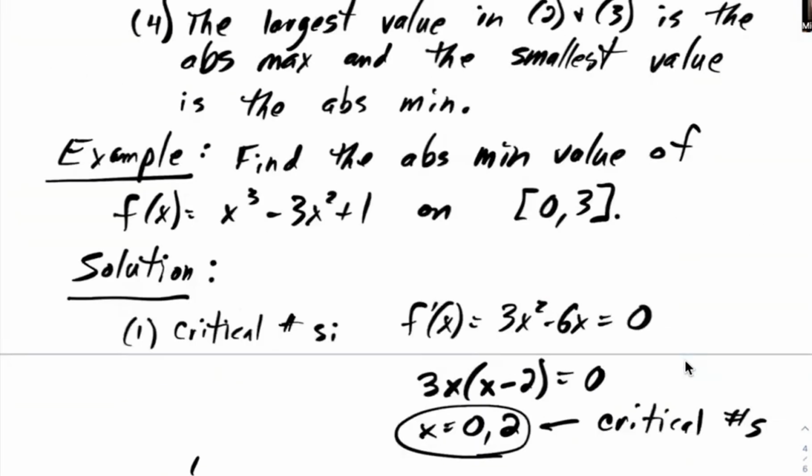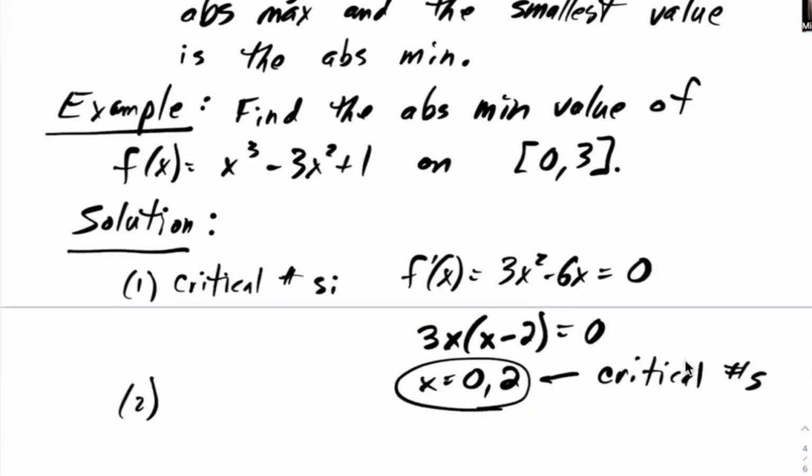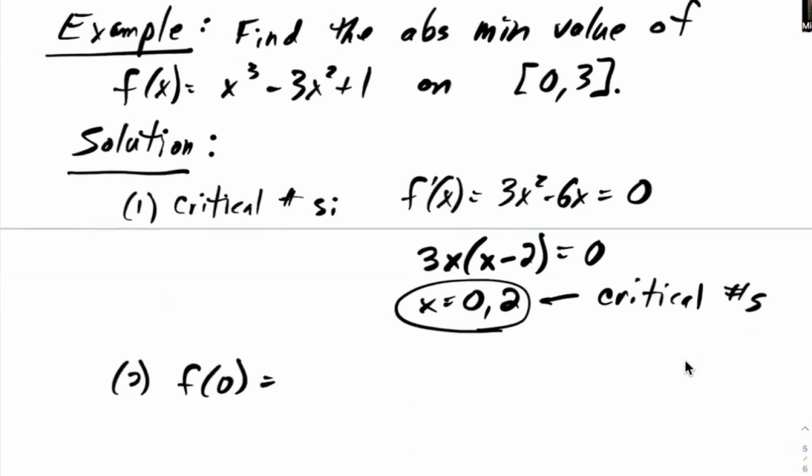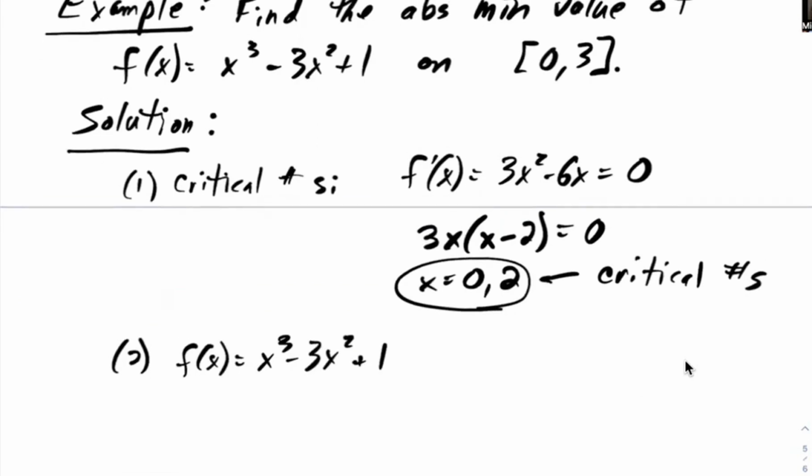The second step is to find f of c, the value of the function at all of these. So let me write down the original function: f of x equals x cubed minus 3x squared plus 1. Now I do f of the first critical number.